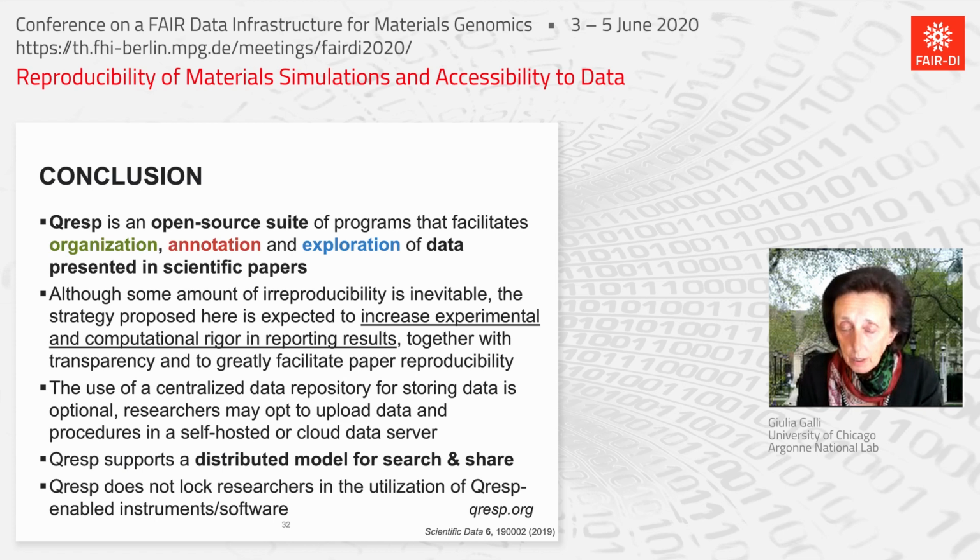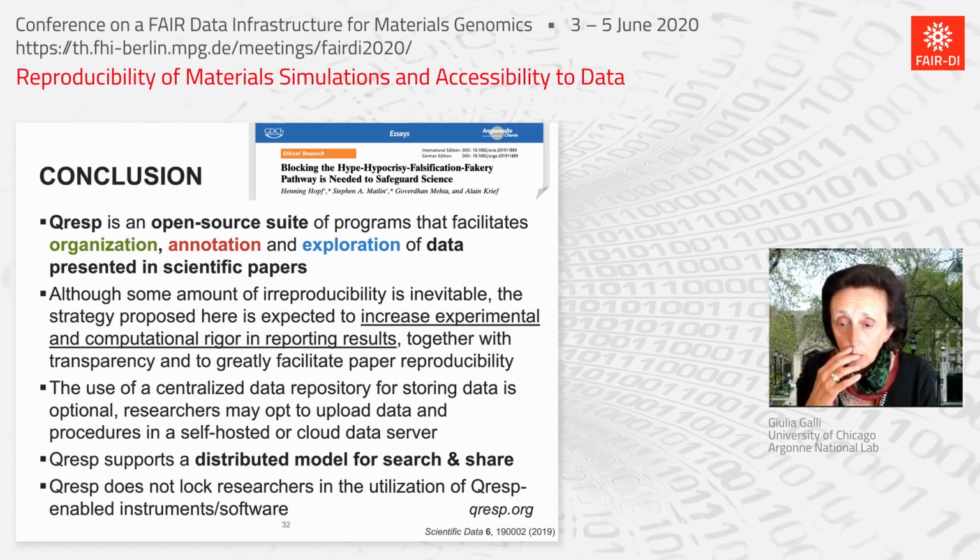Of course, some amount of irreproducibility is inevitable, but I think that the strategy proposed here is expected to increase the rigor in reporting results in scientific papers. And the model that we are pushing is a distributed model for search and share, which is absolutely not incompatible with the centralized data repositories that are out there, with which we would like to connect in the future.